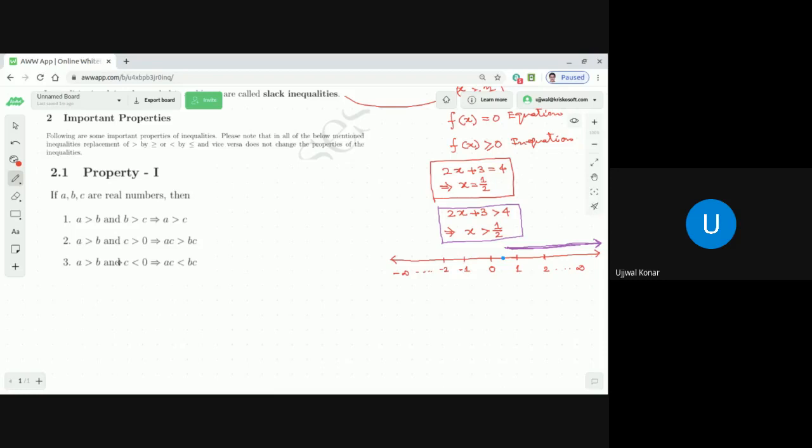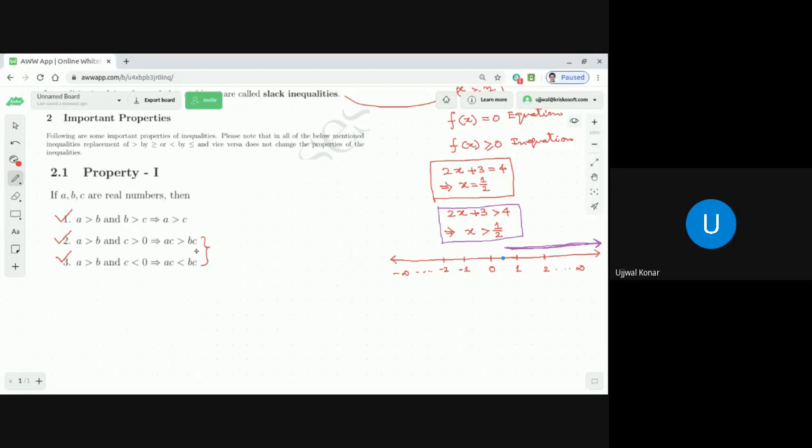Similarly, in the next one, what you see, dear students, is A greater than B and C is greater than 0. That means A into C is greater than B into C. But if A is greater than B and C is less than 0, then A into C is less than B into C. Very important point.